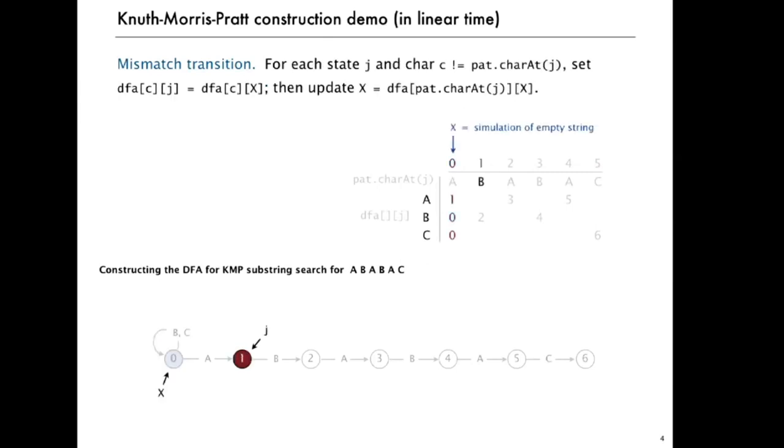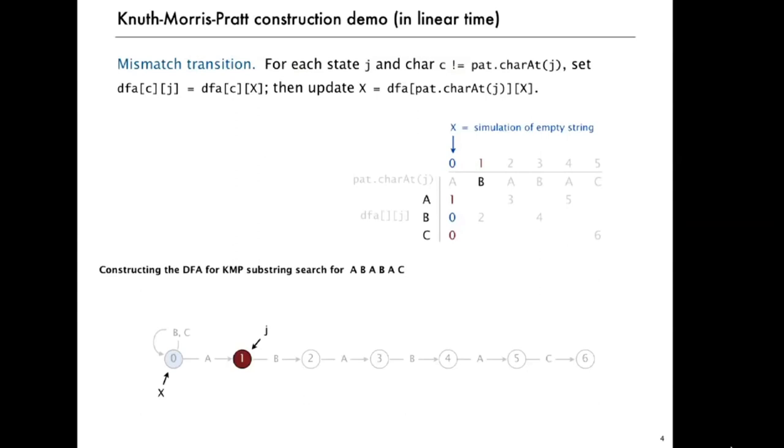So now when we move over, when we're at position 1 of the pattern, x is where we would be if we started out without that character, which would be the empty string. So we start out with this one 0. For state 0, we do that without any further reason. So now we've got x initialized.